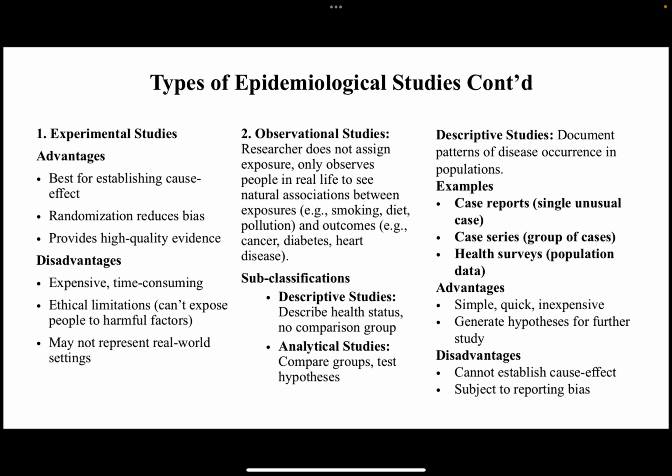Now, if you just decide to do mere observation, for example, you take a particular population and you just want to study the population. Maybe you take a population of market women. You just want to study them. But if you take a population of market women in market A, another population of market women in market B, and you want to compare, once you decide to make comparison, it's an analytical study.